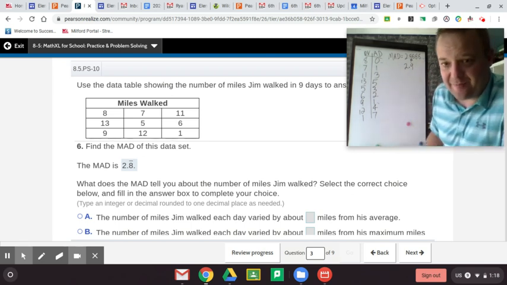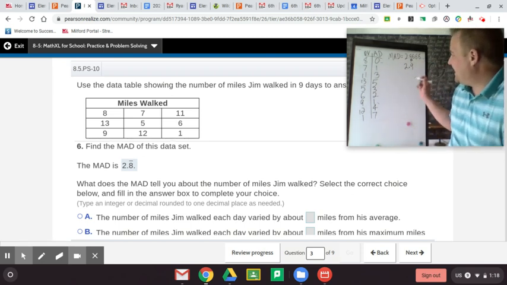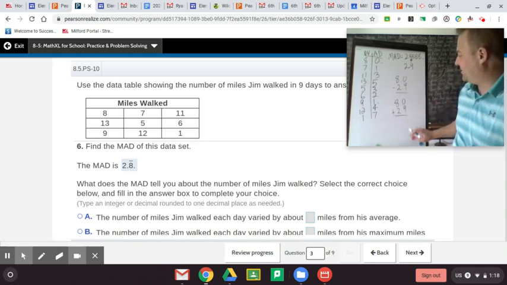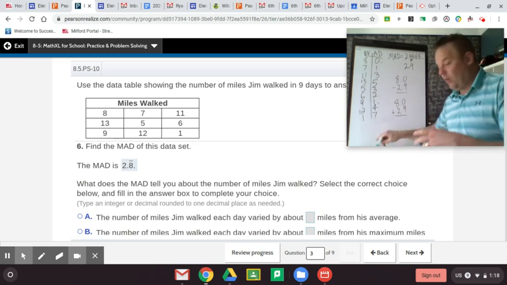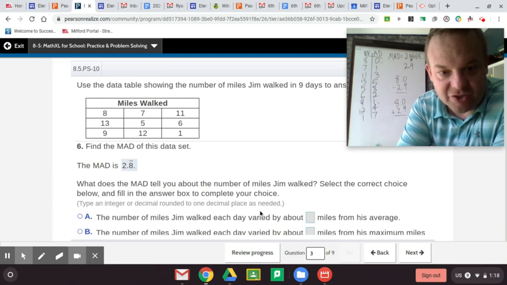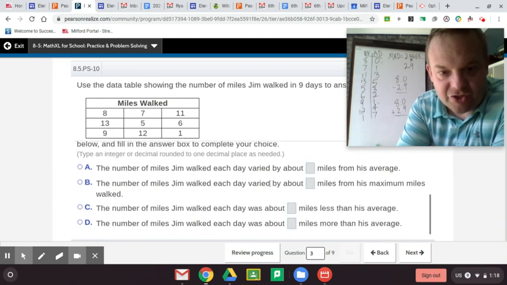So basically what that means, if the mean is 8, minus 2.9, and then 8 plus 2.9, as long as it's 2.9 away from the mean, you're within the mean absolute deviation. So the number of miles Jim walked each day varied by about 2.9 from his average.